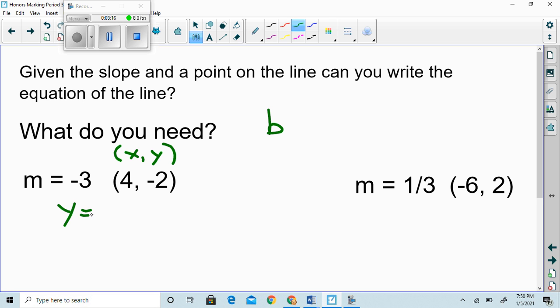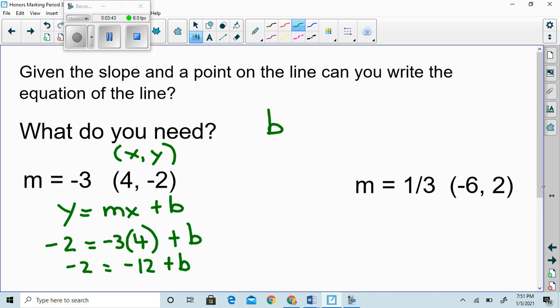If my model, once again, is y is equal to mx plus b, and I have a pair of coordinates or ordered pairs, my -2 is my y, my m is -3, the x is 4, and we're solving for b.